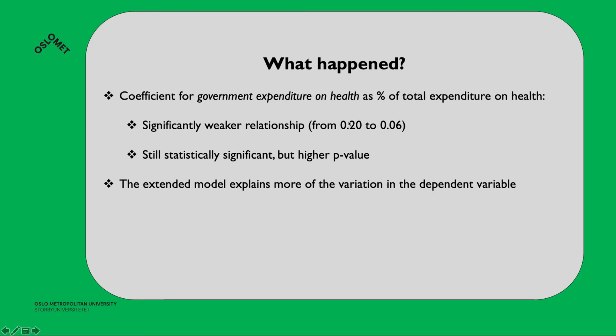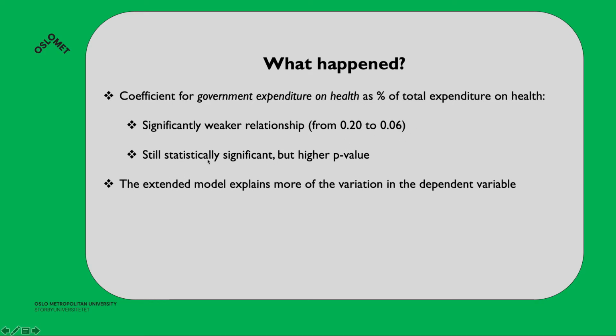So for each percentage point increase in the government's expenditures on health, life expectancy increased by 0.2 years, but now it's only 0.06 years.